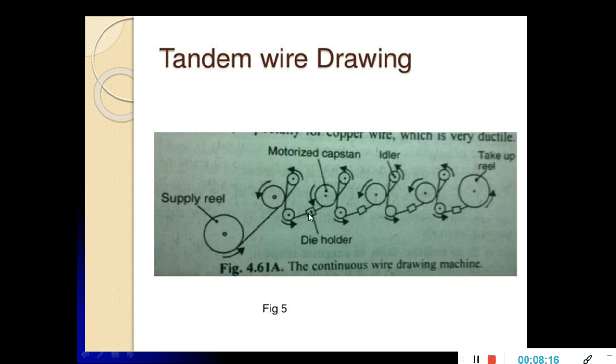When the wire passes through each die holder, from die holder 1, 2, 3, 4, the diameter decreases considerably at each step. Then the final diameter of the wire is wound around with the help of a take-up reel. This is known as the continuous wire drawing machine, or popularly a tandem wire drawing.